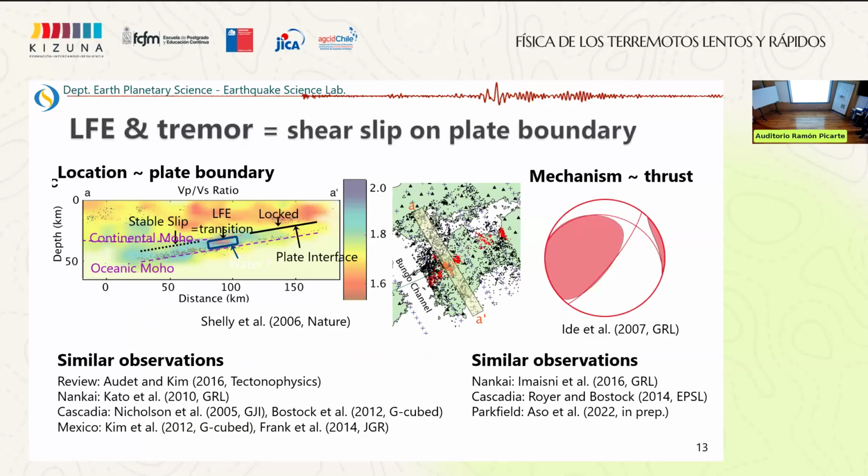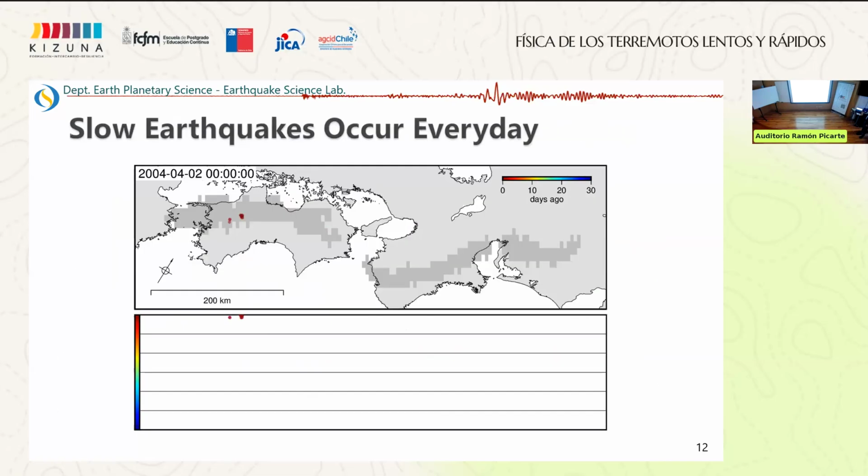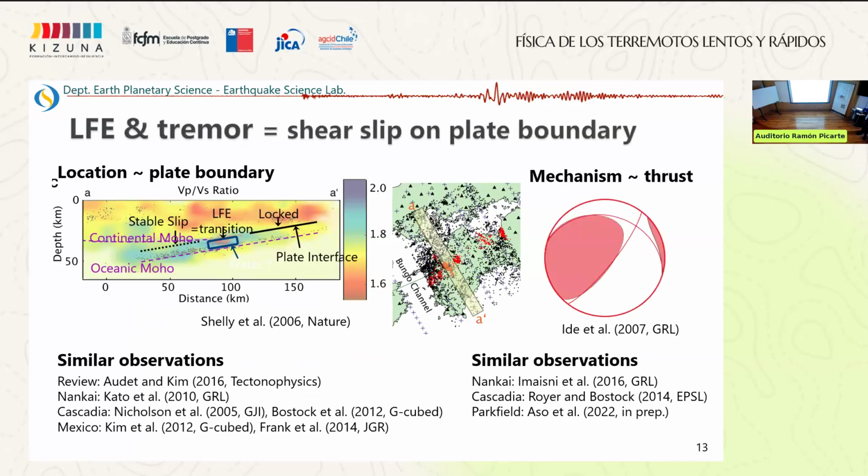So far, we have looked at these in map view. But if we take a cross section like this, A and A dash, we can locate those tremor or low frequency earthquakes. These two things are now understood as the same phenomenon. Tremor is just the continuous occurrence of very small low frequency earthquakes.